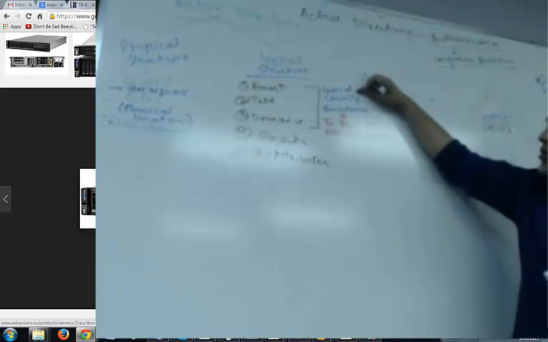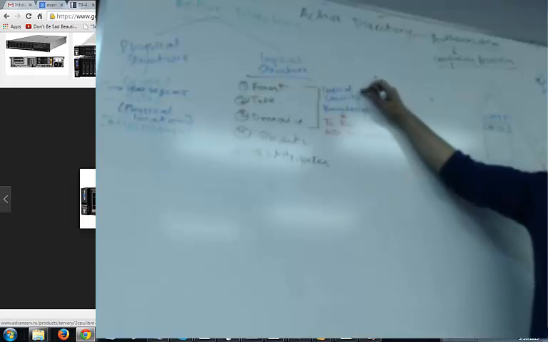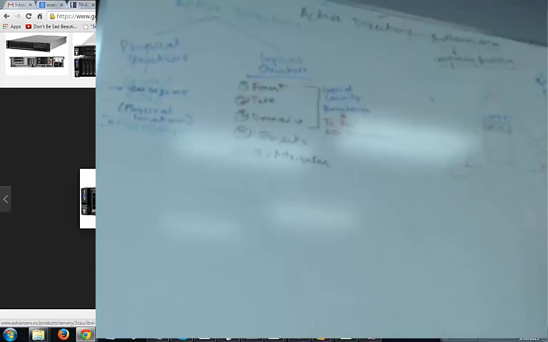What is this? Logical security boundaries. So this guy would need to first break into this wall, and then into this wall, and then into this wall, then he can reach into your Active Directory.